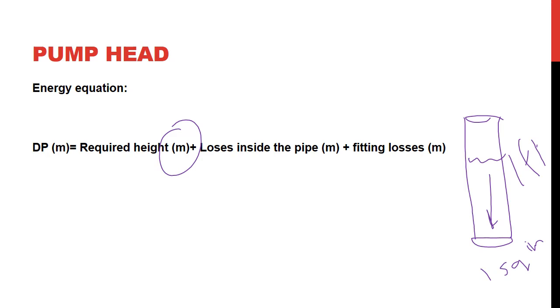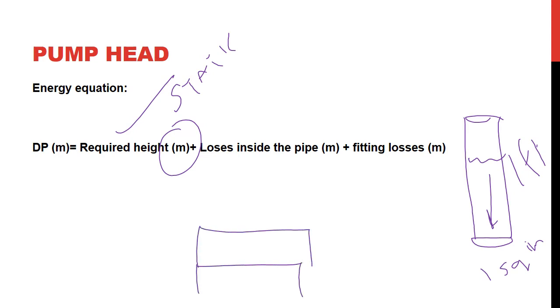Meter is very common internationally, but we can go to feet of water. So the required height, let's look at that. That's called static. That's the amount of height of water existing in the pipe that needs to be lifted. So if this is my basement, first floor, second floor, third floor, and my boiler is here, and I have to pump water all the way to the top, that is my static head.